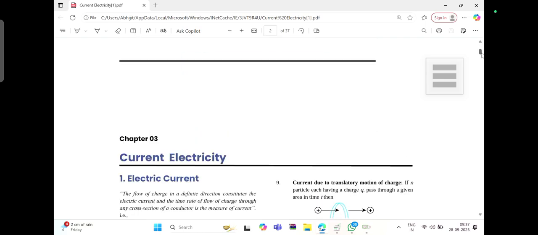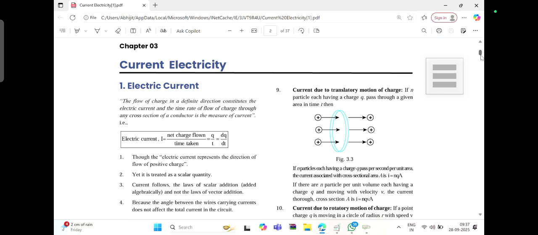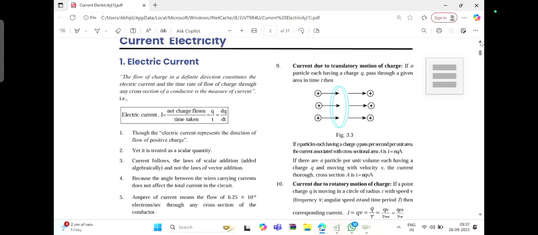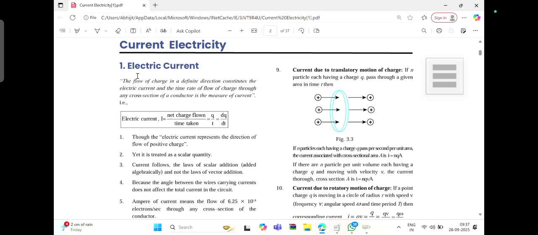Chapter 3, current electricity. I have already told you what electric current is, but I want to repeat it because it is a long gap.